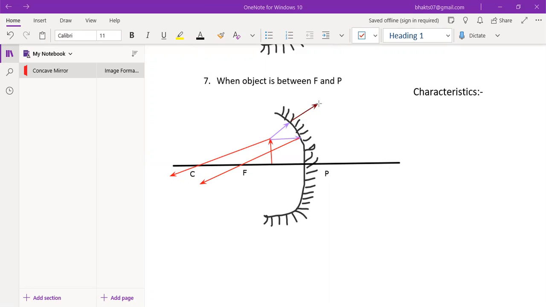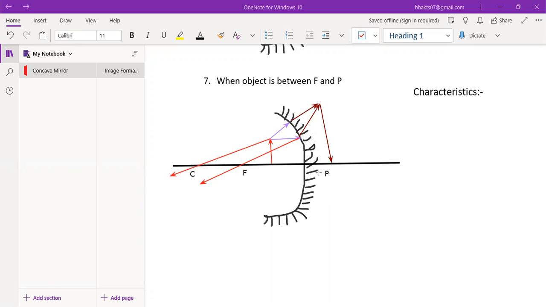For example, this arrow continues to this place and the second one, the reflected ray part, they meet each other behind the mirror which we cannot see. So we'll make this arrow downwards. Now what you all can see as the down arrow is the image of the object which is formed. That is image of the initial red arrow which I had made.